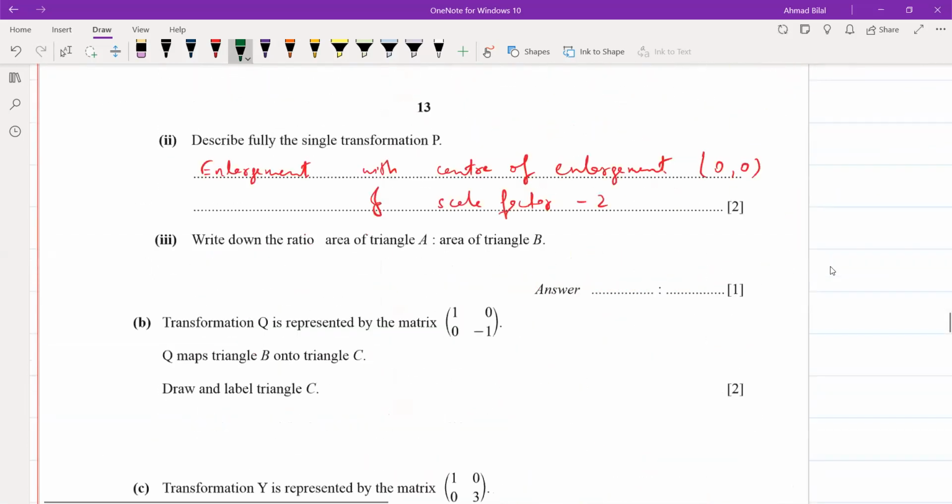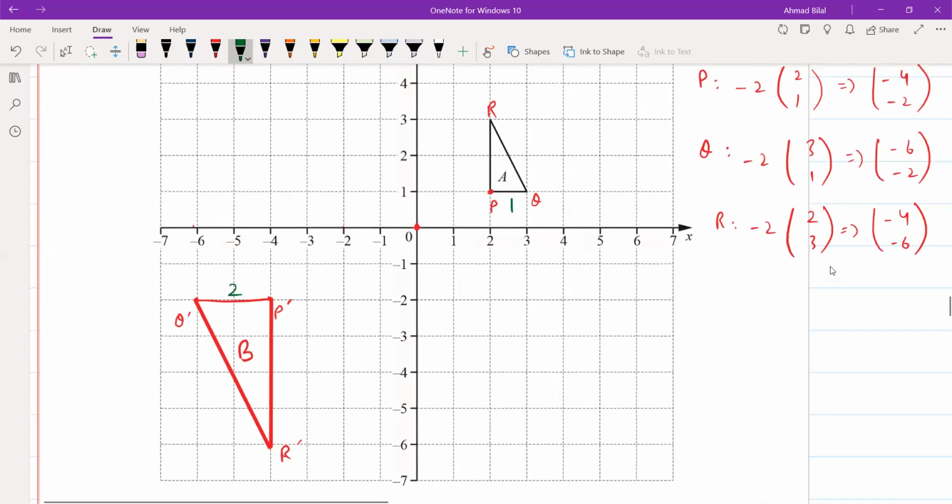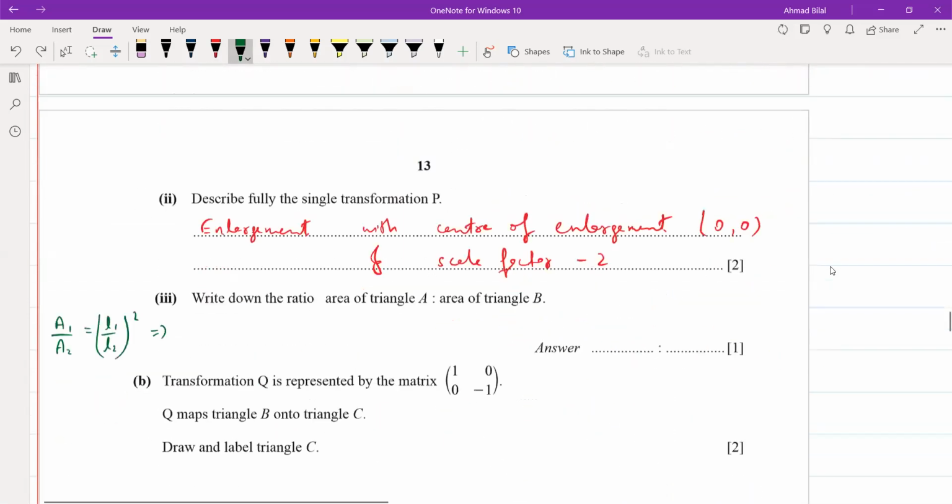So you remember that formula that we have for similar triangles, for similar shapes, A1 over A2 is equal to L1 over L2 का whole square. ठीक है, तो L1 over L2 क्या है? 1 हमारे पास A की लेंथ है, 2 हमारे पास B की लेंथ है. हम क्या करते हैं?